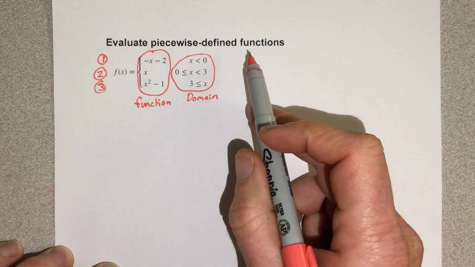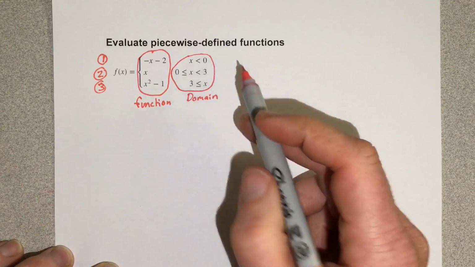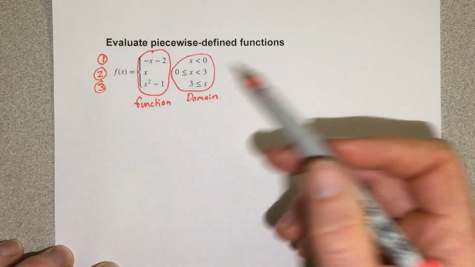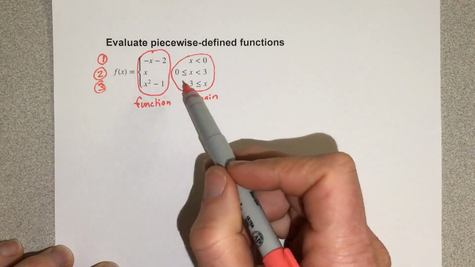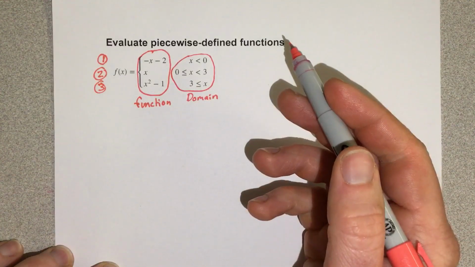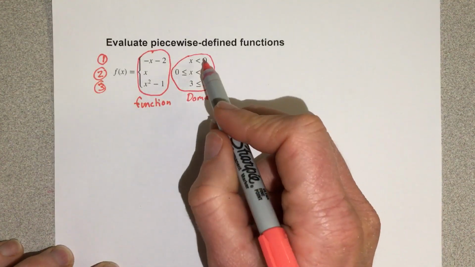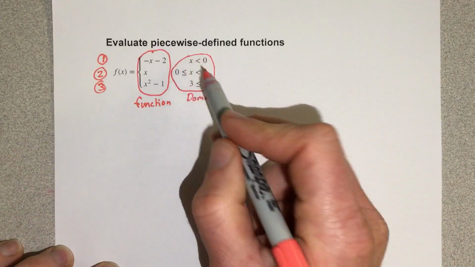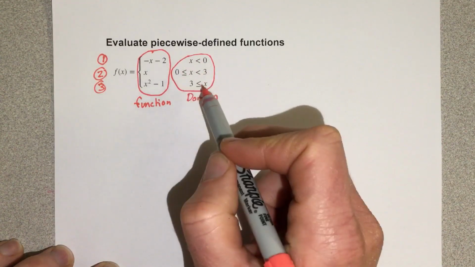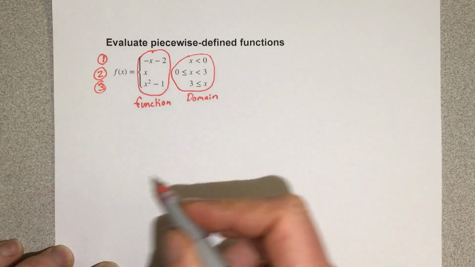If we're going to evaluate this piecewise defined function, basically all they're asking us to do is plug in values into the function and find out what the y values would be. So let's pick some values that are in the top domain, some values in the middle domain, and some values in the bottom domain.